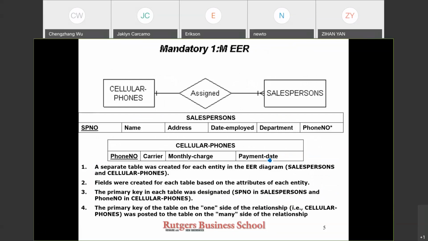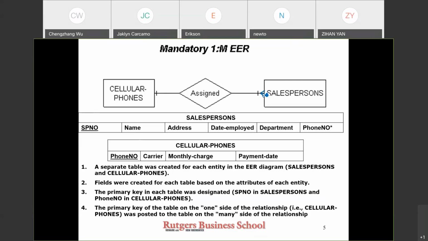Well, let's take a look at the second example, that is mandatory one-to-many relationship between these two objects. Okay, as you may recall from the discussion from the previous chapter, a cross-foot, this part, a cross-foot against salesperson's entity indicates a many cardinality.